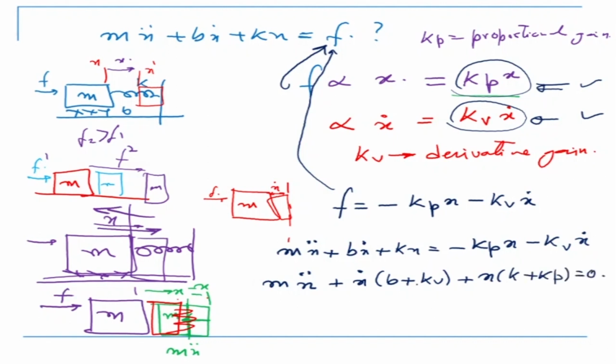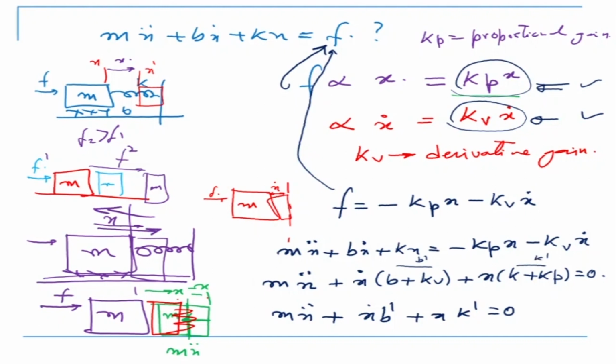Now I can write this as m into x double dot plus x dot into b dashed plus x into k dashed is equal to 0. Now this is equal to b dashed and this is equal to k dashed.